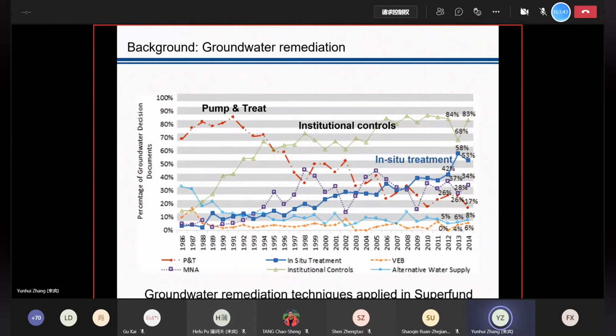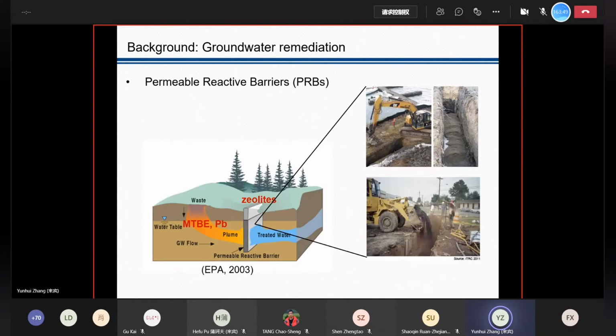The permeable reactive barrier, that is PRB, is one of the most promising in situ treatments for groundwater contamination. The barriers are filled with reactive materials and constructed across the flow path of a contaminant plume.